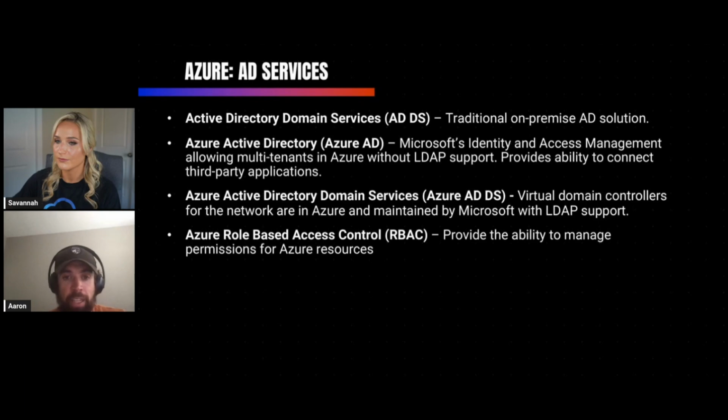Many of the things that your typical Active Directory would have, such as group policy, LDAP, and Kerberos authentication, are all functional with Azure ADDS. The main difference is you don't have to maintain and patch local domain controllers. This is all done completely in the cloud.